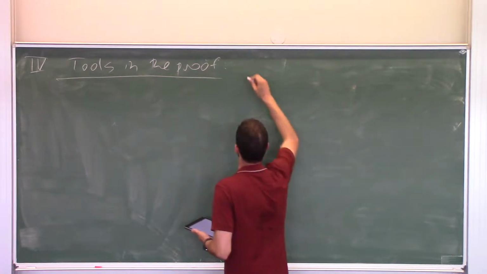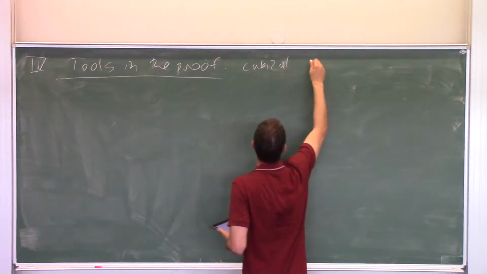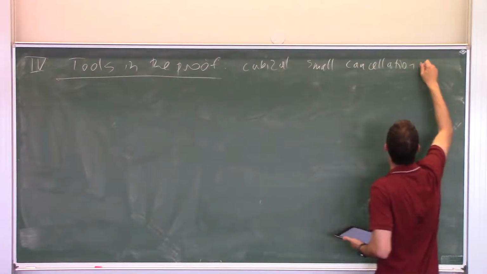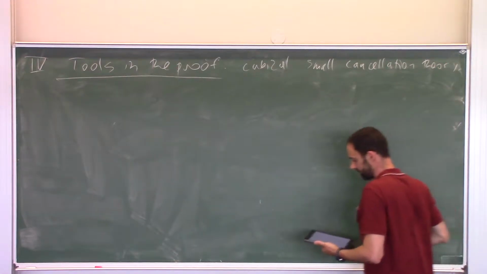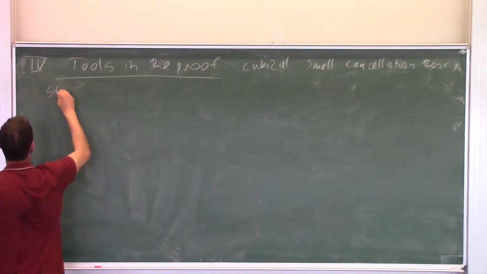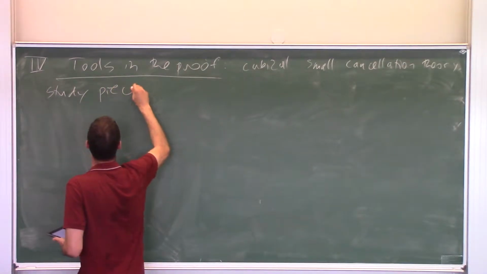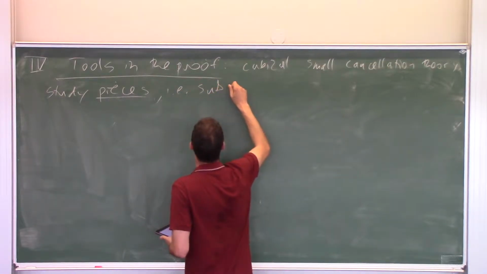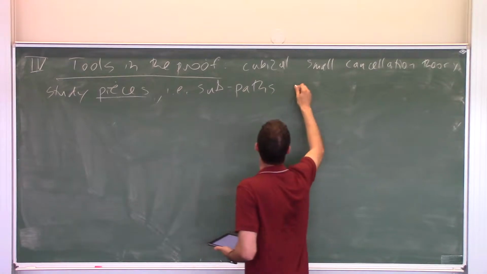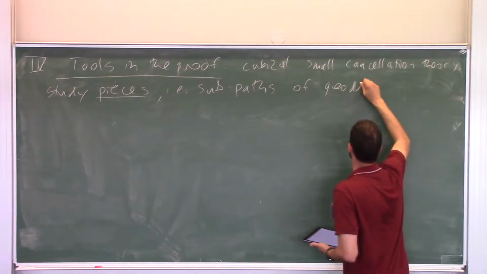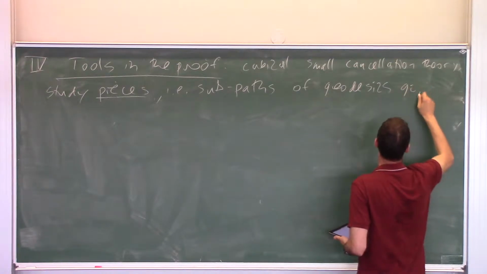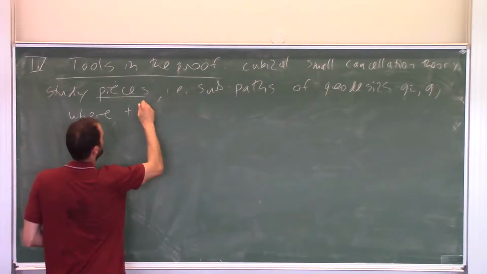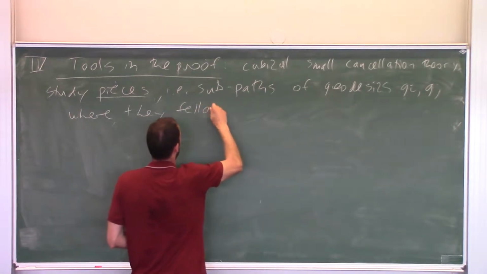This is cubical small cancellation. The key idea here is you study pieces, i.e. subpaths of geodesics Gi and Gj, where they go.